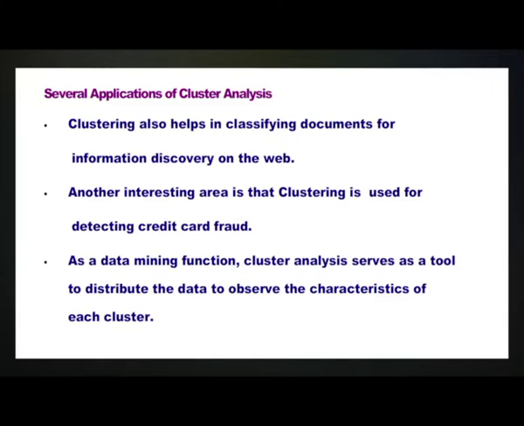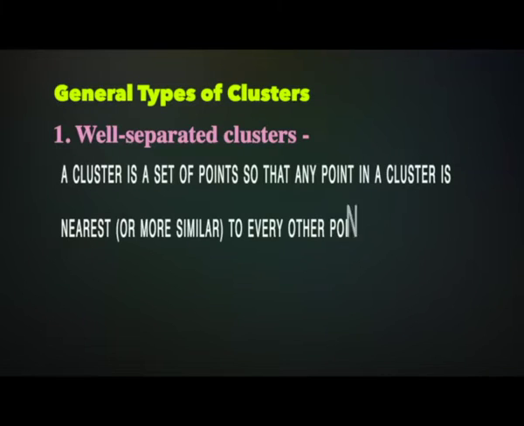Clustering also helps in classifying the documents for information discovery on the web. Another interesting area is that clustering is used for detecting credit card fraud also. As a data mining function, cluster analysis serves as a tool to distribute the data to observe the characteristics of each cluster. Let us see the general types of cluster.